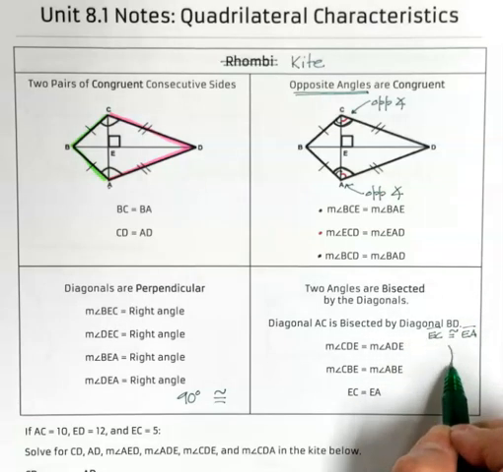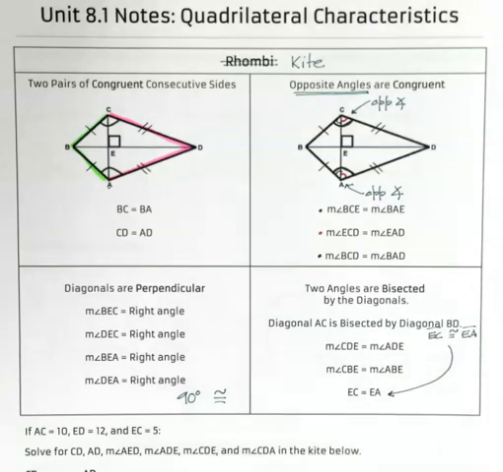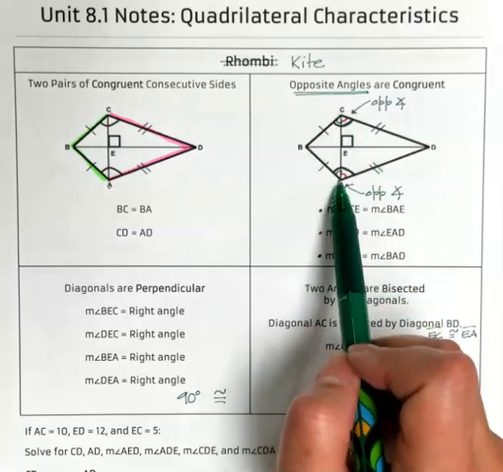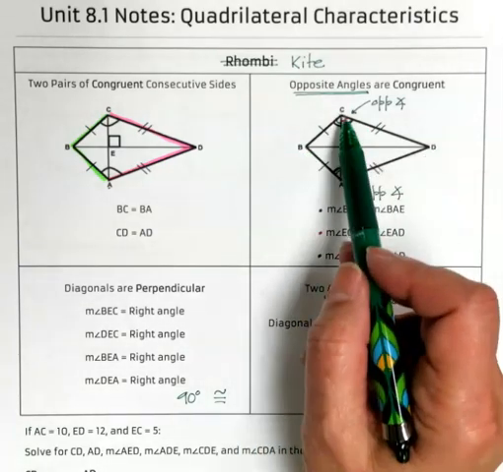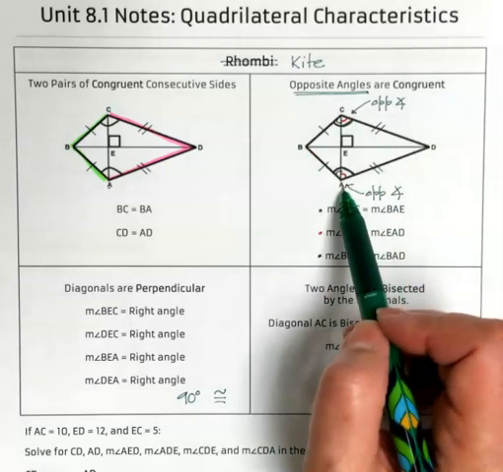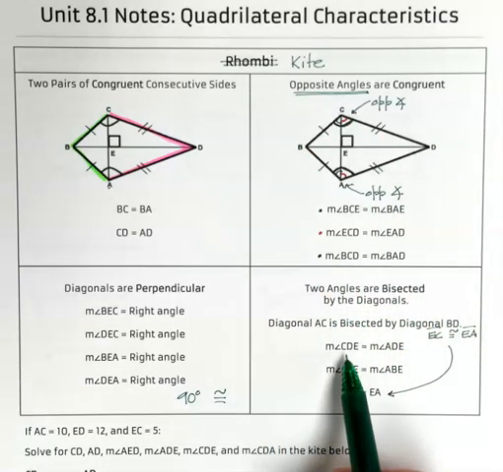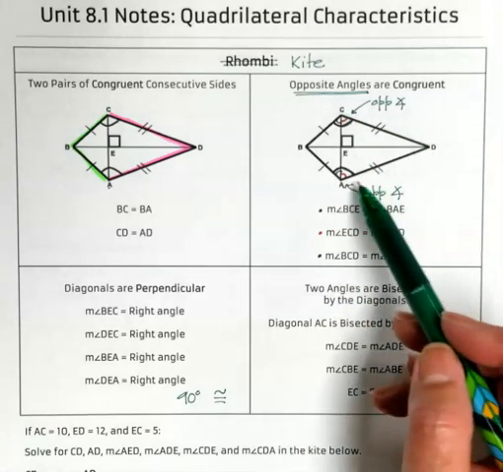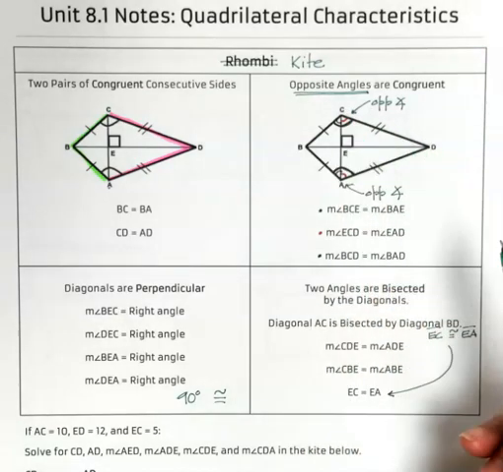And because they're congruent, we know their lengths are the same. Because BD bisects angle B and angle D, or angle CBA and CDA, bisecting means the measure of angle CDE equals the measure of angle ADE.